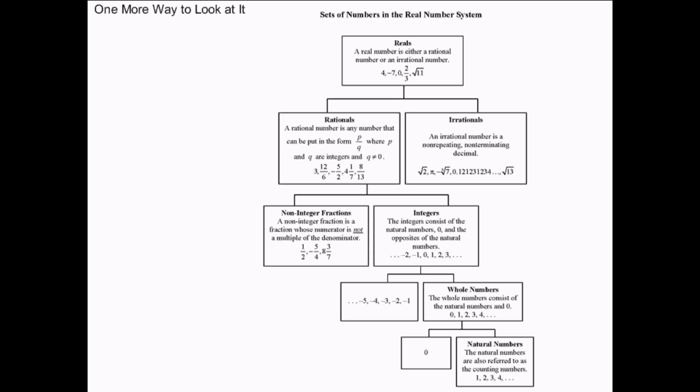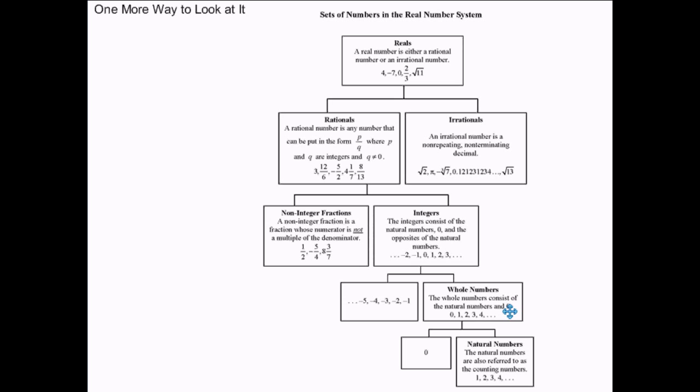For me personally, I prefer the Venn diagram or the doll, but for somebody, the flowchart might work better. So however it works for you. When we're identifying numbers, this is a nice way to go through to see what category the number fits in. And of course, some numbers fit into more than one category. If you're a whole number, you're also an integer, you're also rational, you're also real.